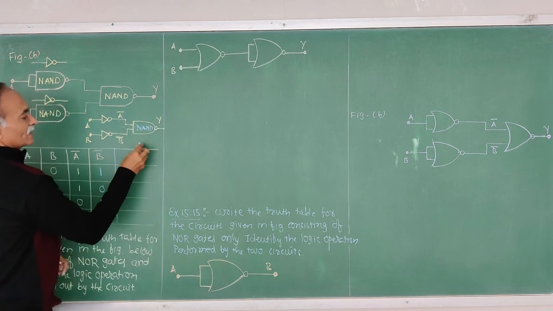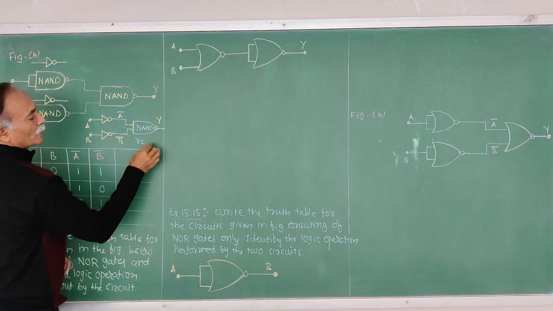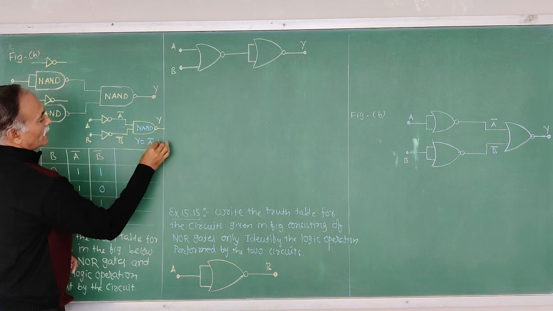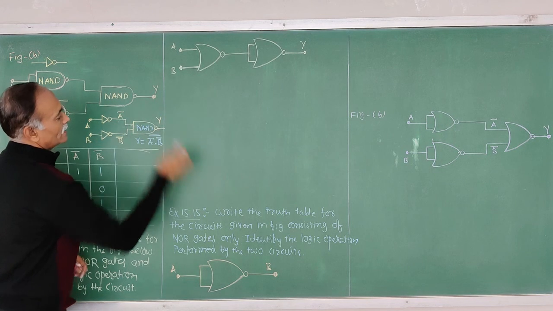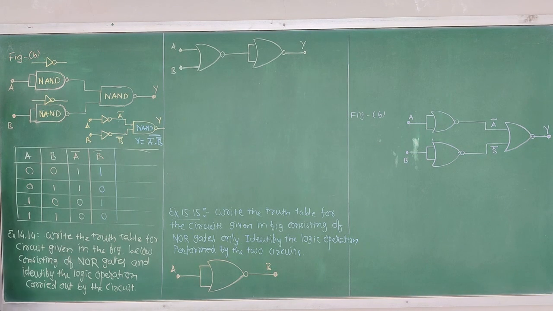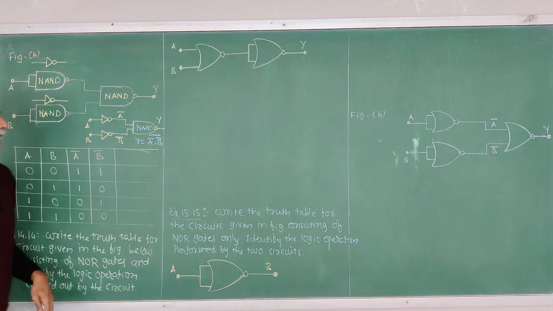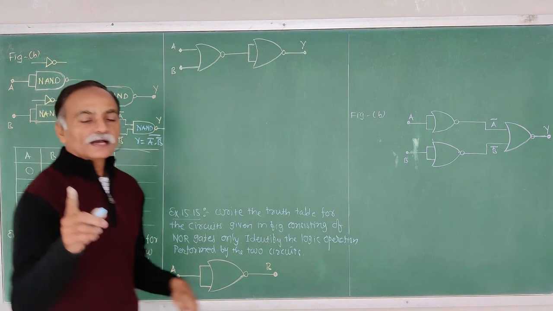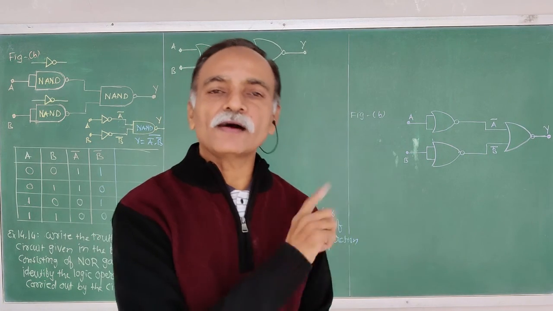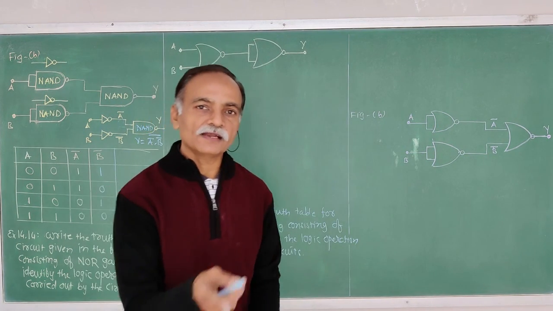Now the Boolean equation of the NAND gate is y equal to A bar dot B bar, whole bar. Right? Okay. And what is the characteristic of a NAND gate? The characteristic of an AND gate is 1, 1, 1, while for the NAND gate it is 1, 1, 0.